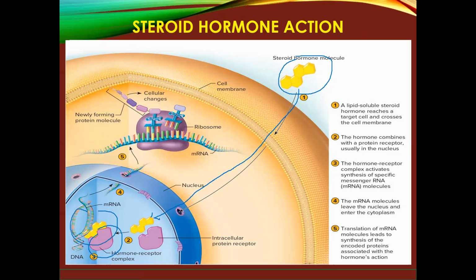Because of this, the DNA will be transcribed into messenger RNA. The messenger RNA will go out from the nucleus into the cytoplasm, bind to the ribosome, and the ribosome will translate this messenger RNA into proteins. And this protein will give or produce the actions in this cell. Okay, so this is the action of lipid-soluble hormones.